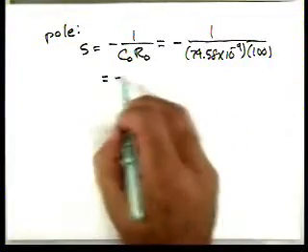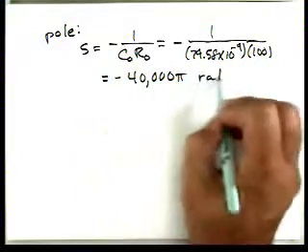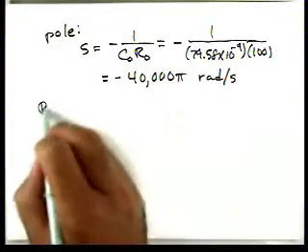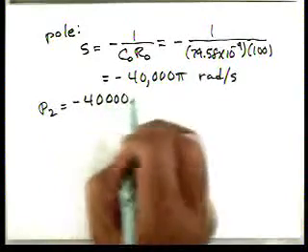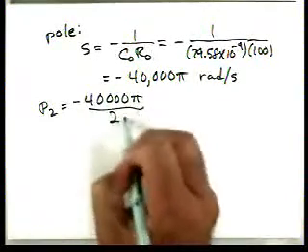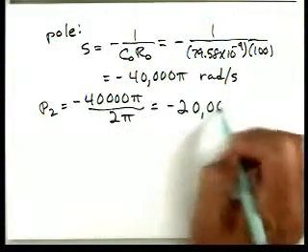And this is minus 40,000 pi radians per second. So our second pole here in hertz, we take the minus 40,000 pi divided by 2 pi. So that'll give us minus 20,000 hertz.